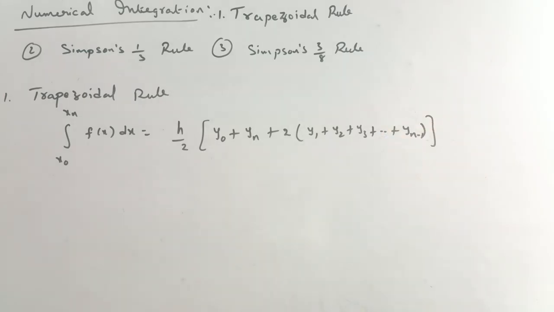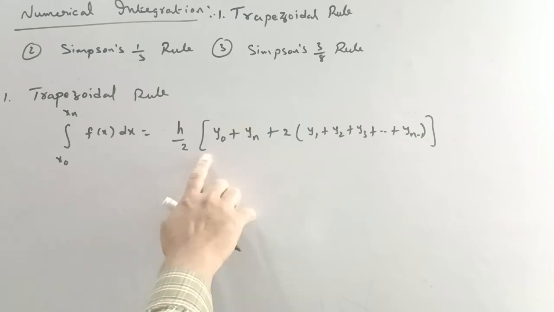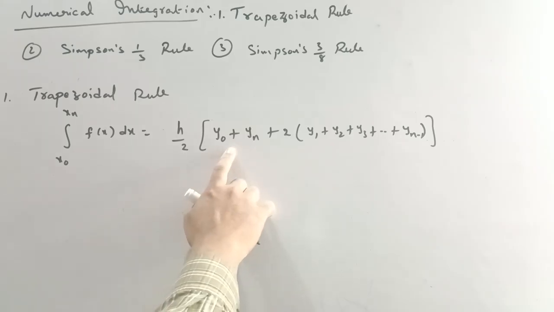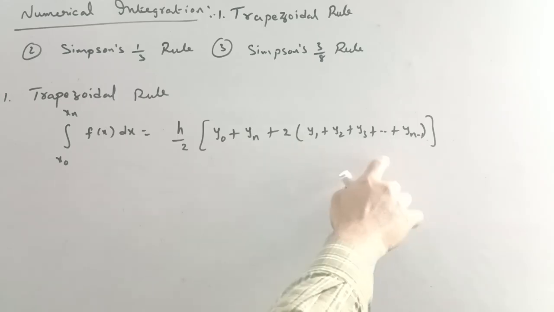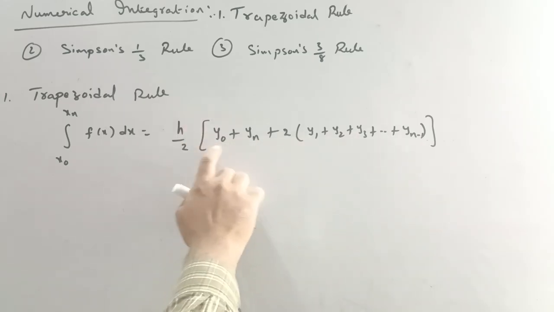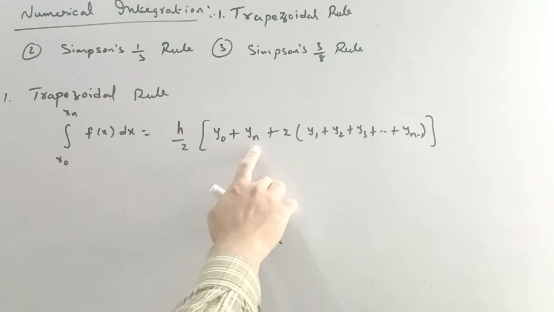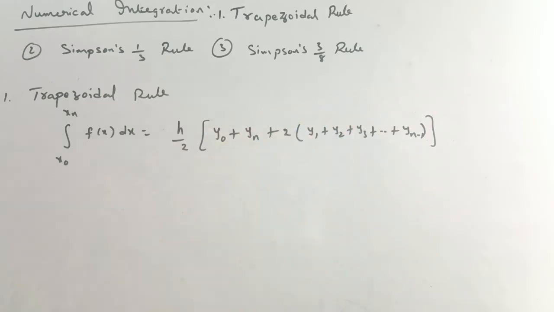So it is h by 2 into the sum of the first and last ordinates plus 2 into the sum of the remaining ordinates. This is the trapezoidal rule.